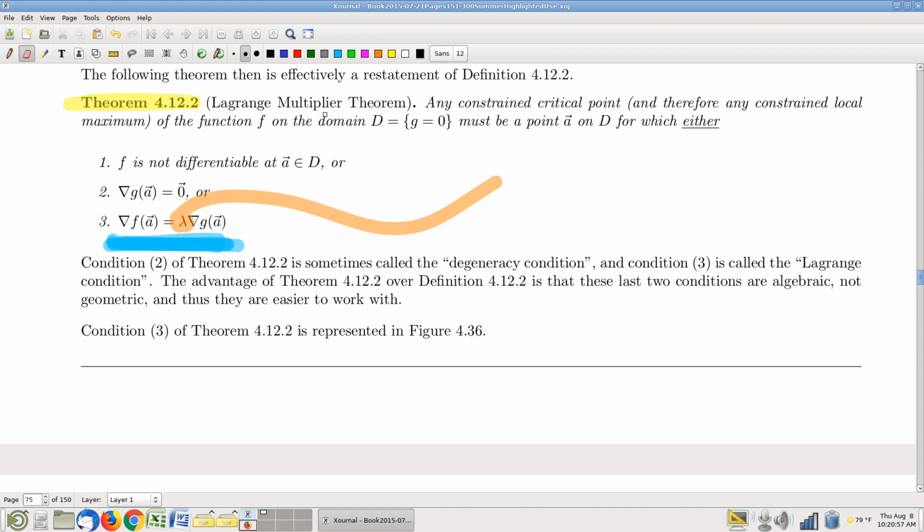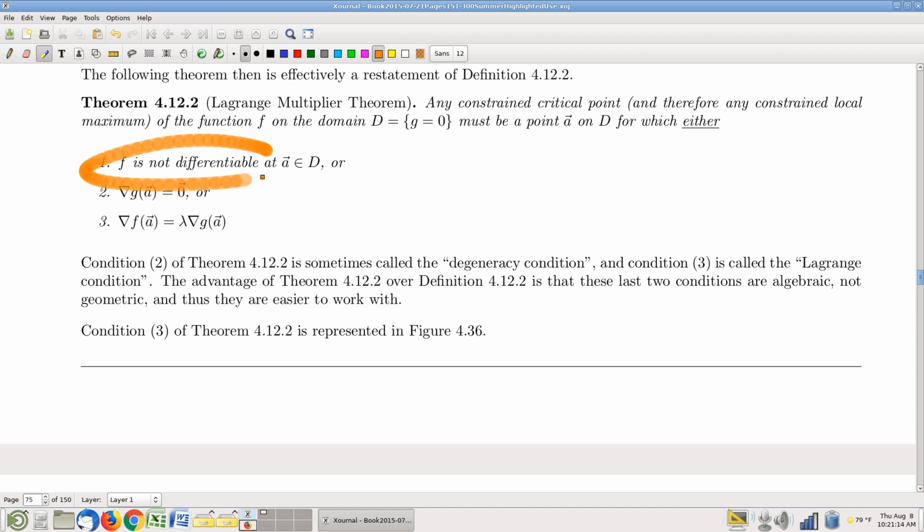Okay. You may have noticed that I kind of glossed over this gradient of g equals 0 condition. This is also important. This is the most underappreciated condition on the list, right? Students have a good appreciation for the differentiability. You've got a lot of experience of functions with corners in them.